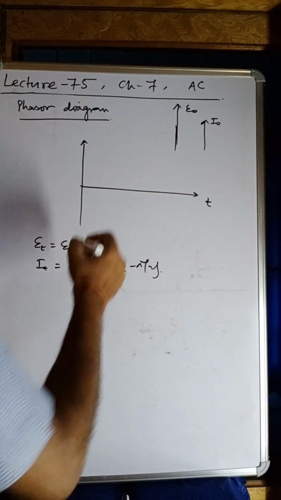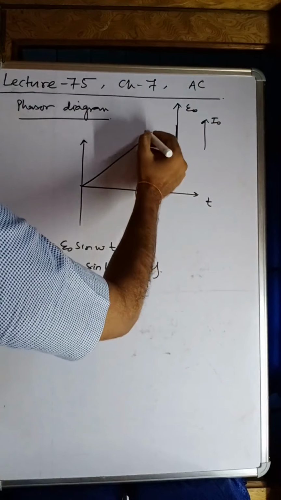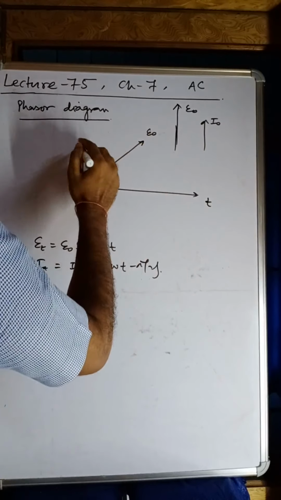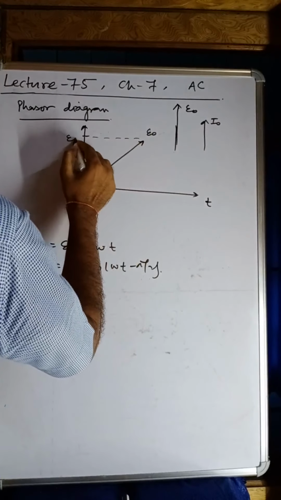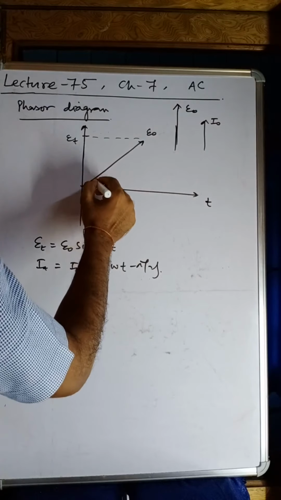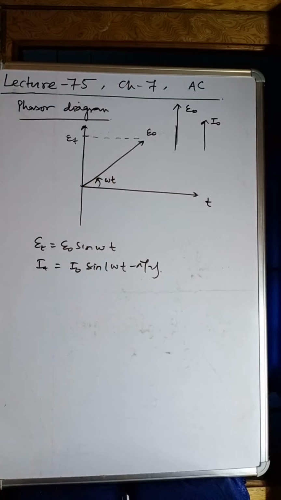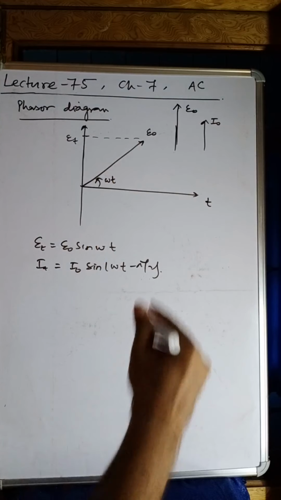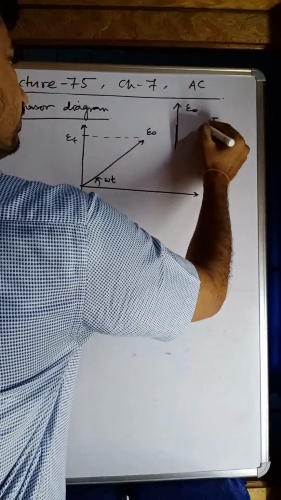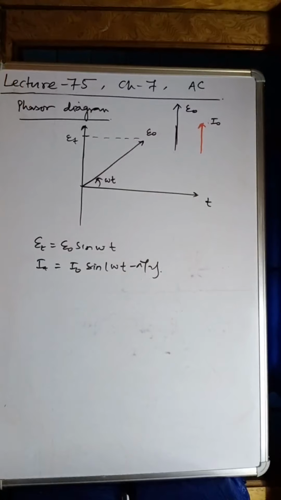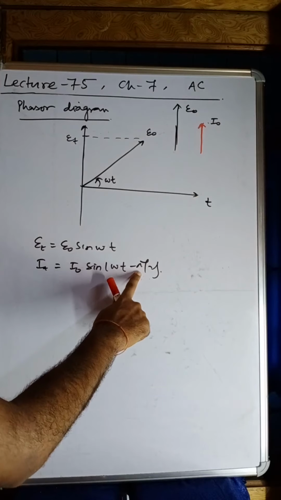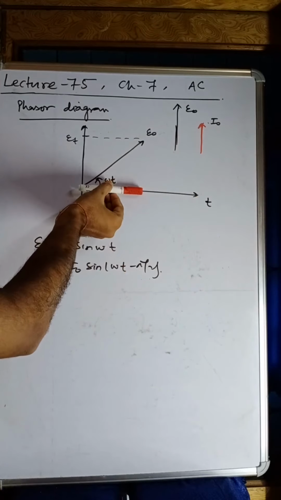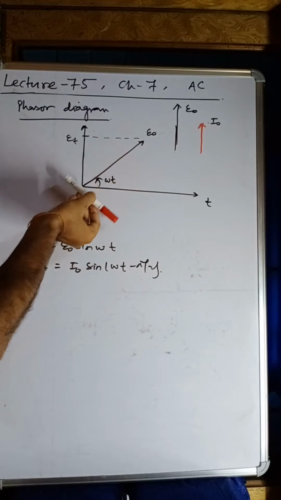Am I right? If this is E naught and this is Et, it rotated by omega t, then I am going to rotate I naught, the red one. I naught has to rotate how much? Omega t, and then it has to move back by pi by 2. So it will rotate omega t minus pi by 2.